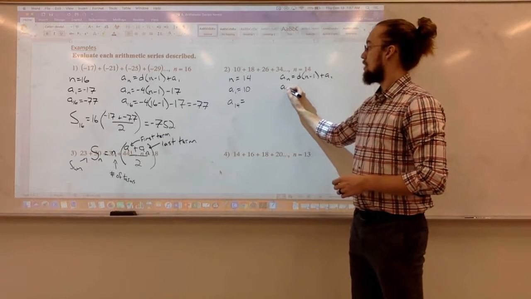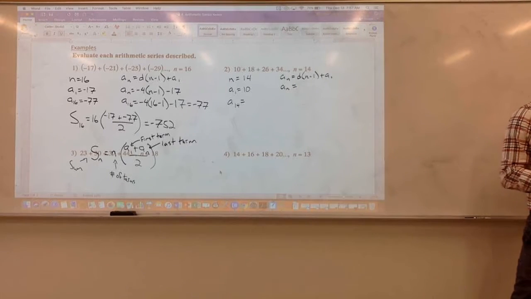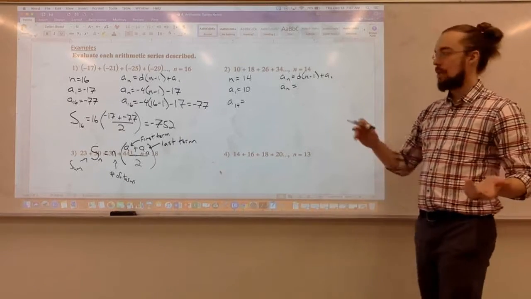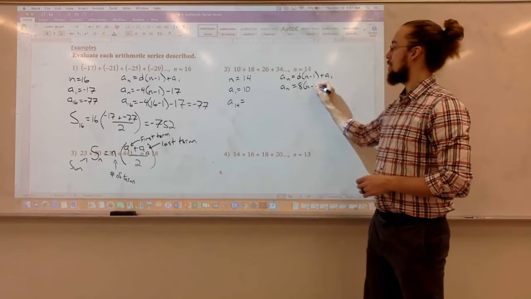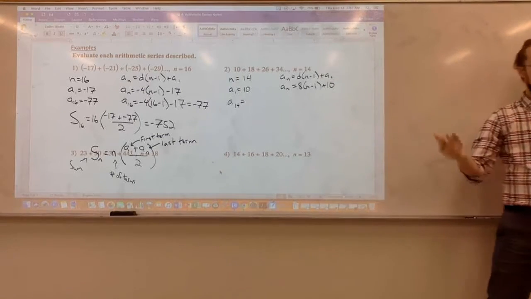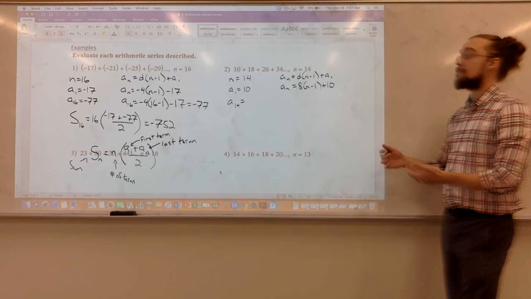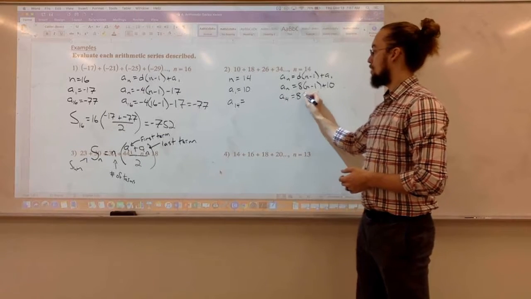What's my common difference here? 8. Yeah, it'll be a positive 8, so going up by 8 every time. And then we said my first term was 10. So this is my rule for this sequence. Then to get the 14th term, I will just plug in 14 for n.